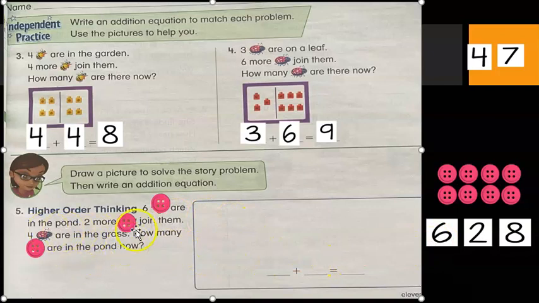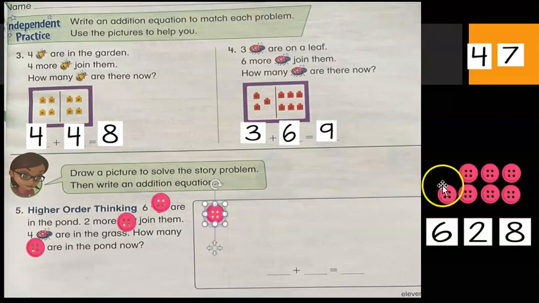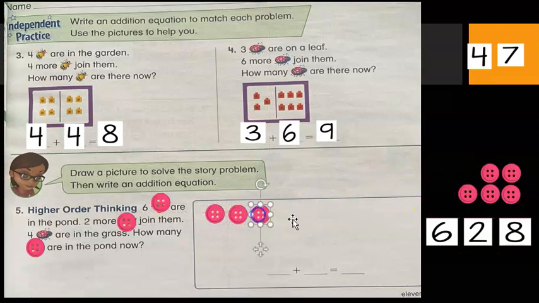It says 6, let's just say pink buttons. 6 pink buttons are in the pond. Okay? How many pink buttons are in the pond? 6. So let's put 6 here. Count with me. 1, 2, 3, 4, 5, 6.